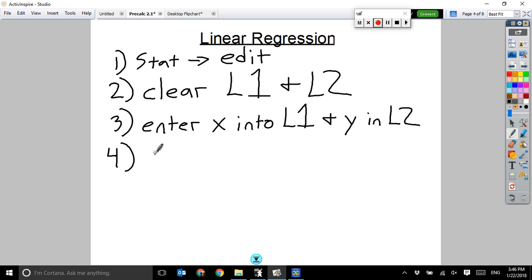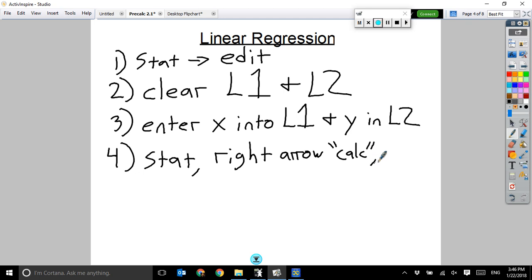Step 4 is we're actually going to hit the stat button one more time. We're going to go right arrow, which should take you to the calc tab. See at the top there should be 3 tabs. The middle one is the calc tab.